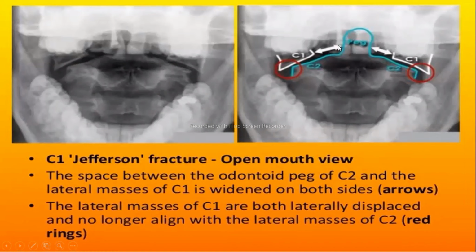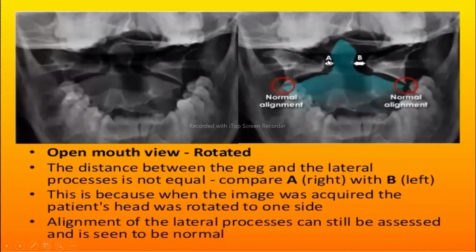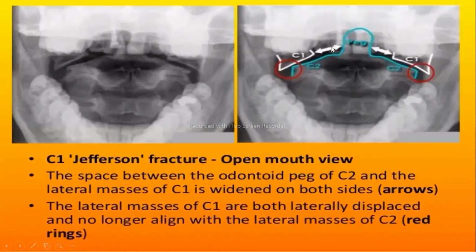Can you see? It's very wide. Can you see the difference? This is the normal, and here it is very wide. Why? Because of the fracture of the ring of C1. That's why the lateral border is widened. And this is the peg or dens. It's called the peg, or dens, or odontoid process of C2. 3 names.